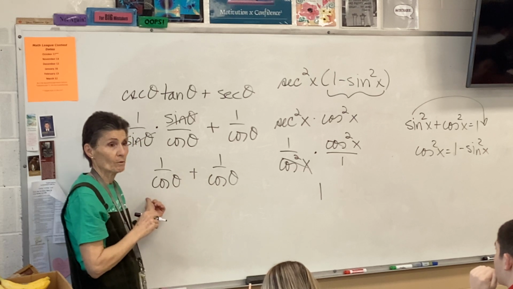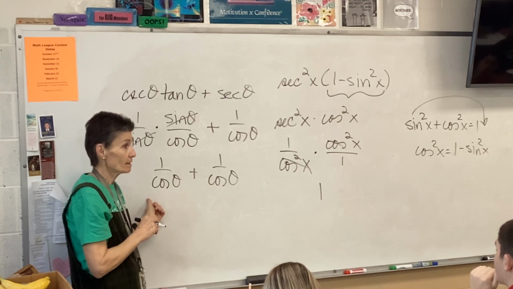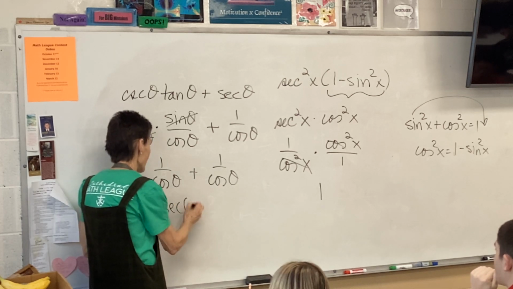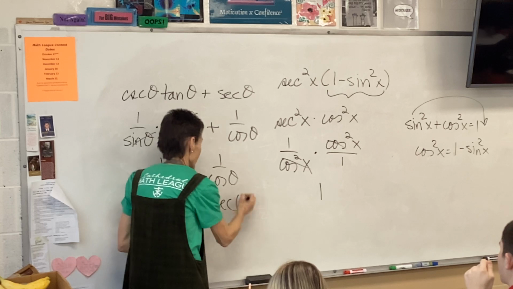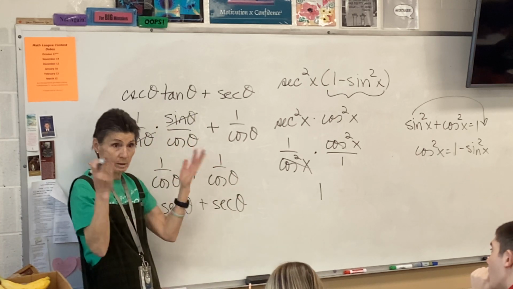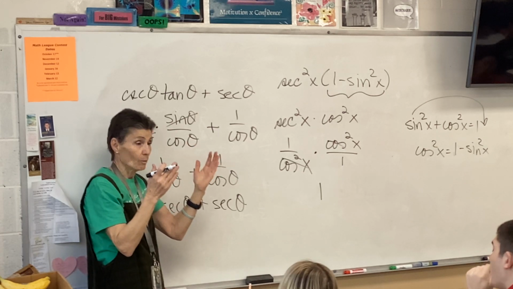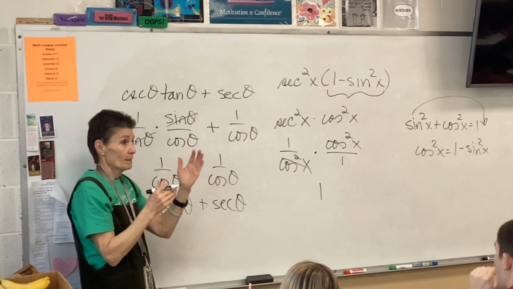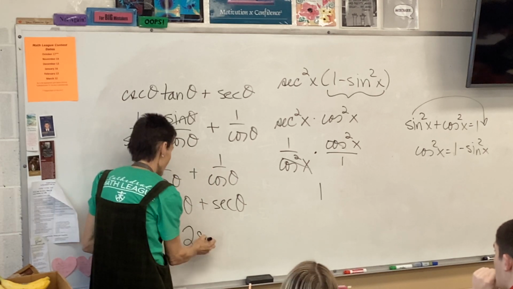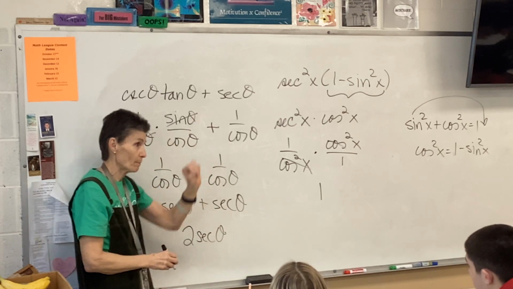Well, wait a minute, what's 1 over cosine? Secant. So I have a secant plus another secant. So 1 secant plus 1 secant will make? No, I'm adding. X plus X makes 2X. So this is 2 secants. Guys, I have 1 apple and another apple. I have 2 apples.